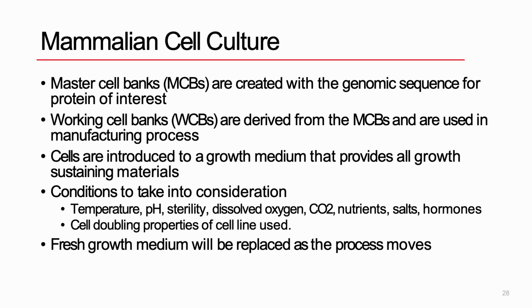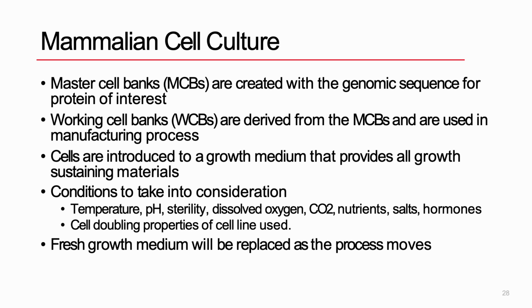Working cell banks, or WCBs, are derived from the MCBs and are used in the manufacturing process that I just explained. Cells are introduced to a growth medium that provides all growth-sustaining materials.